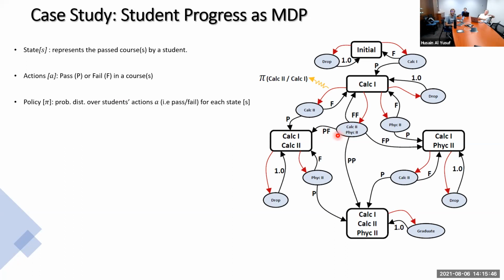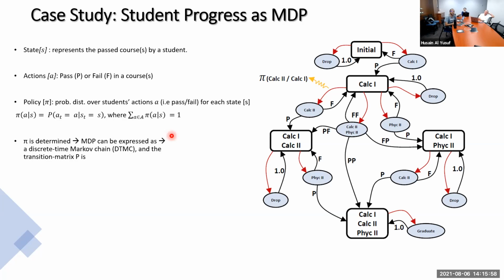Okay, got it. So our policy is the probability distribution of students over the actions. So this is our policy distribution. And because we identify the policy for actions, we can now express this Markov decision process as a Markov chain, just to do our calculation.